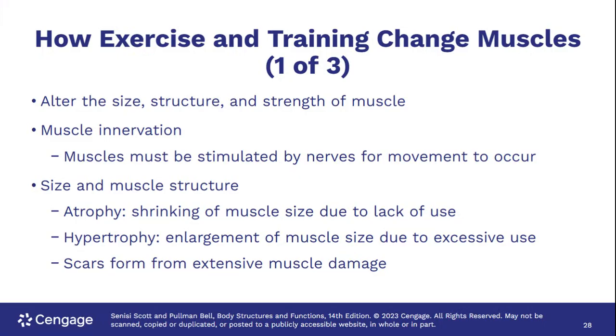So muscles have to be stimulated in order to work. So you have muscle innervation. And when you have muscles that are stimulated to exercise, it's kind of like muscle memory. Like when you move, you do the same thing over.